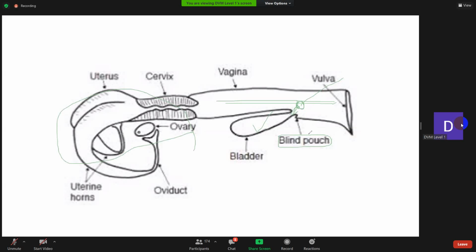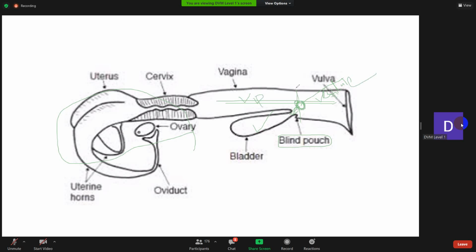The vagina has two parts. This part is called the vagina proper, and this is the vaginal vestibule. In between the two is the orifice of the urethra.